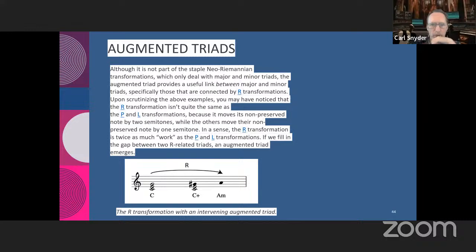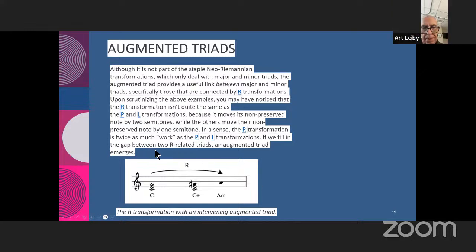You may have noticed that the R transformation isn't quite the same as the P and L transformations because it moves its non-preserved note by 2 semitones, while the others move their non-preserved note by 1 semitone. So not a big deal, but in a sense, the R transformation is twice as much work as the P and L transformations, if you care to look at it that way.